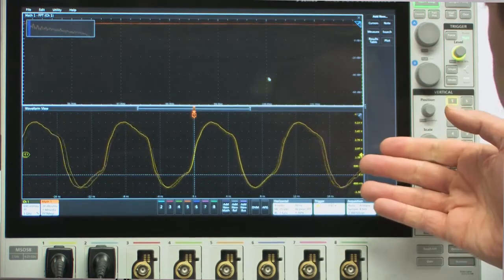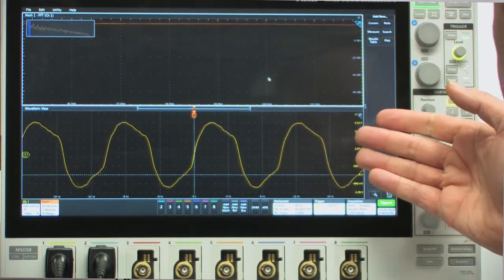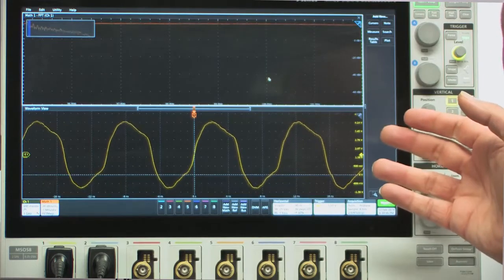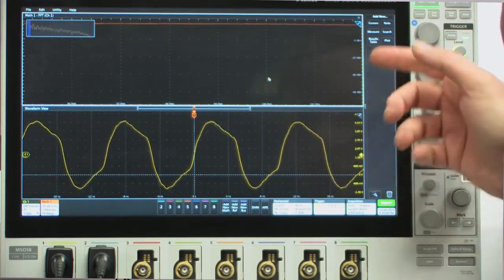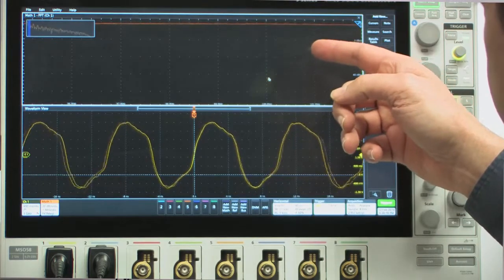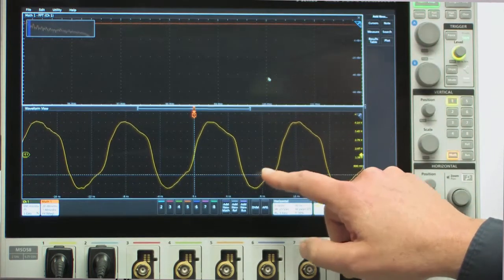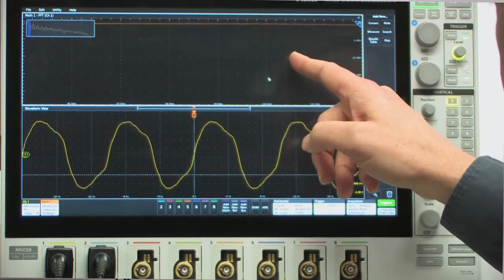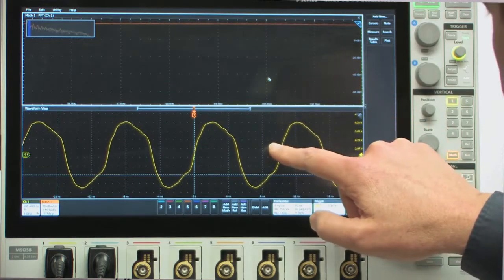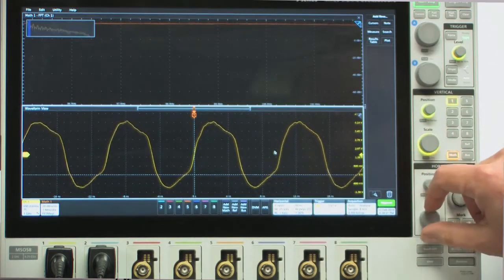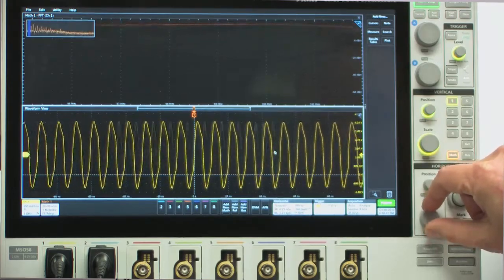This gets to the point that I was making above, understanding the sample rate, record length, and time per div settings of the oscilloscope. Resolution in my frequency domain display depends on the amount of time I capture in the time domain display. So to increase my resolution here, I need to capture more time here. So let's go ahead and do that.